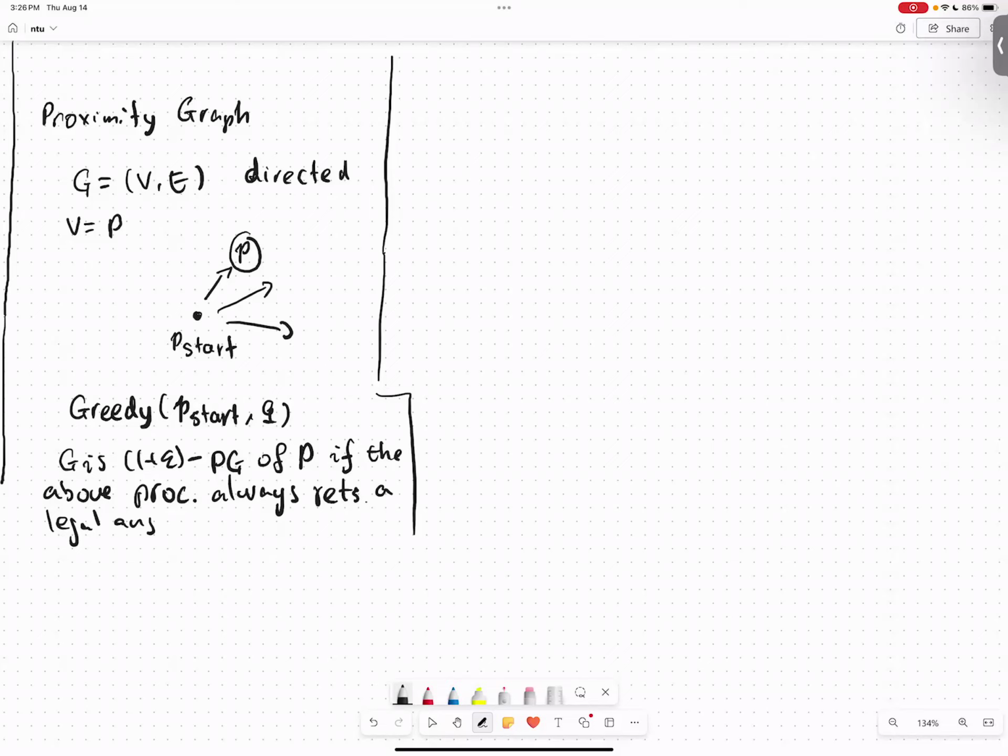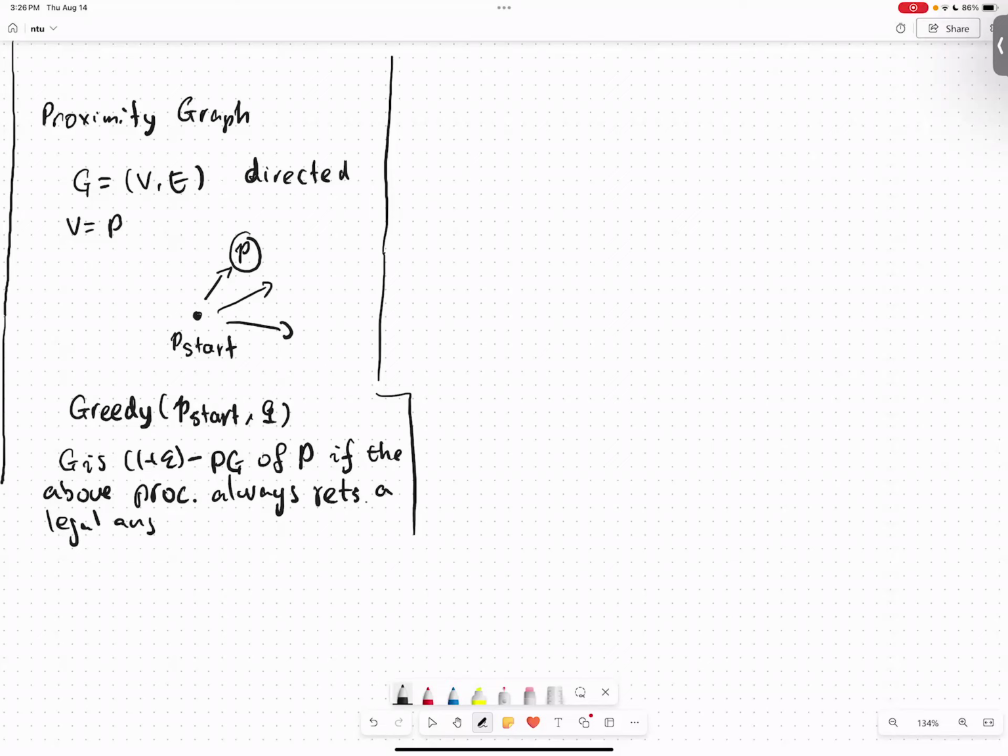However, the problem with this definition is that if I give you a G and I say check it, tell me and prove whether this is a proximity graph, then you will say, that's pretty hard because all I have is this greedy algorithm, and I don't have anything about the mathematical structure of such a graph, right?